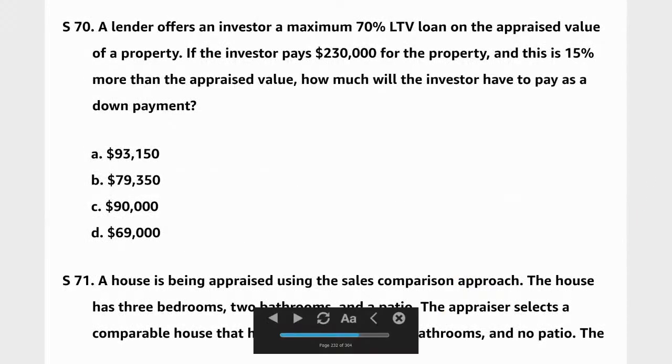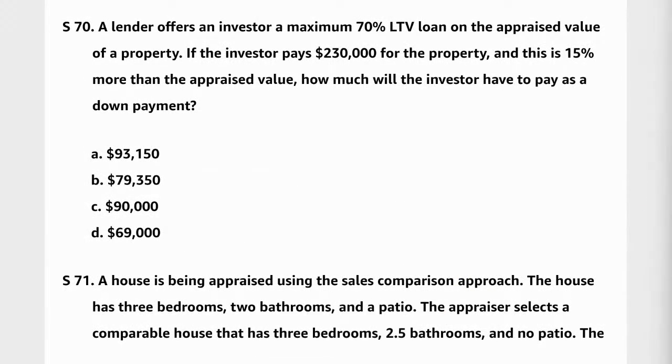All right, number 70, last question for the evening. A lender offers an investor a maximum 70% loan to value loan on the appraised value of a property.